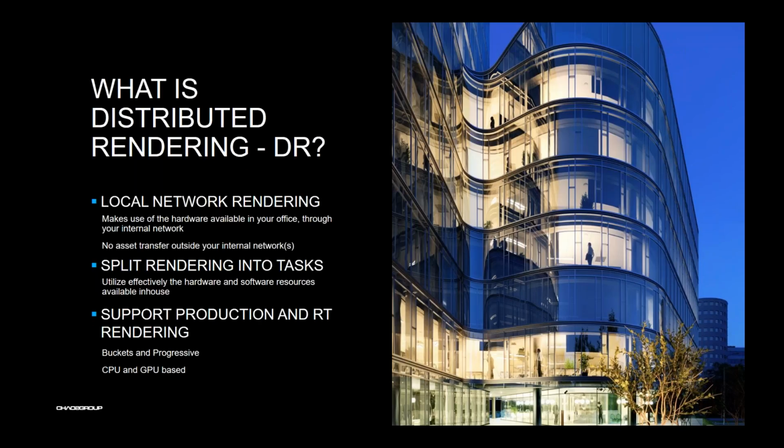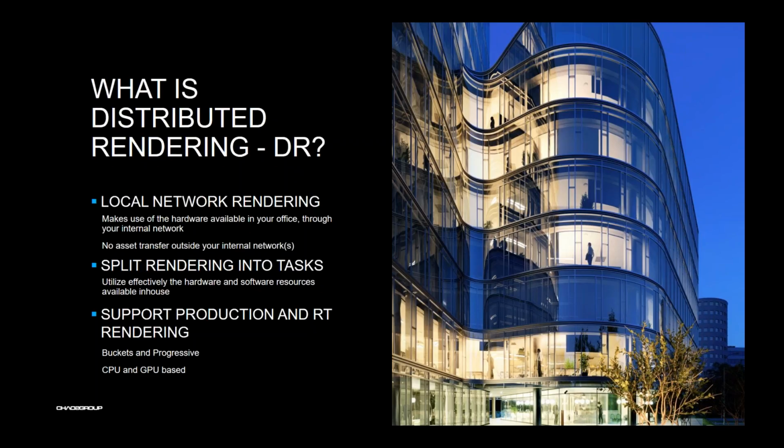So what is DR? DR stands for distributed rendering. It's based on a local network and makes use of all the hardware available in our office. Of course, you don't need to transfer your assets to a network outside. Everything is in-house.